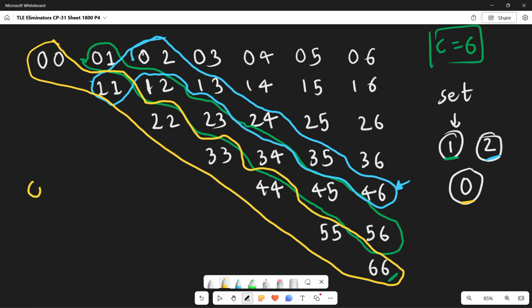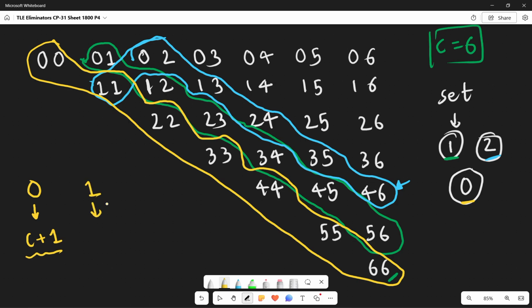So for 0, from this matrix, like upper triangular matrix or whatever it is, I cannot take C plus 1 pairs, right? So these C plus 1 squares, I cannot take them.